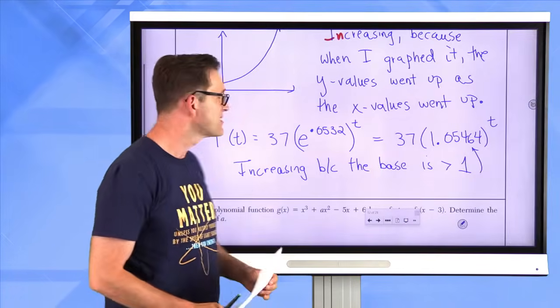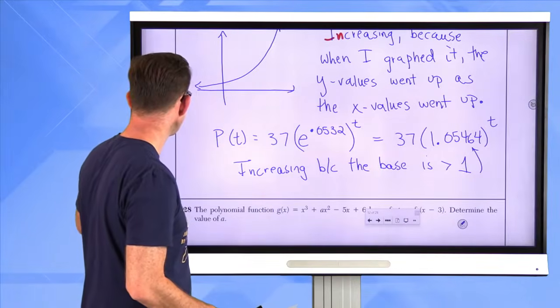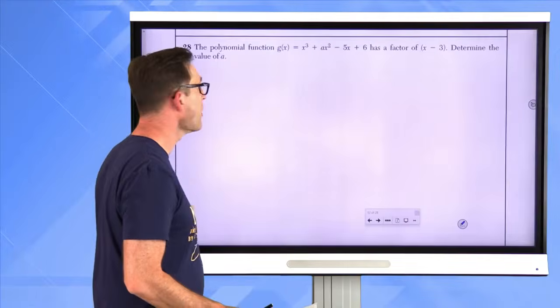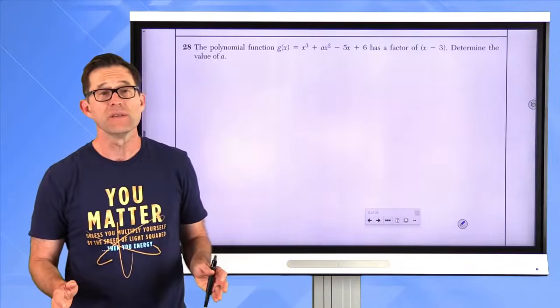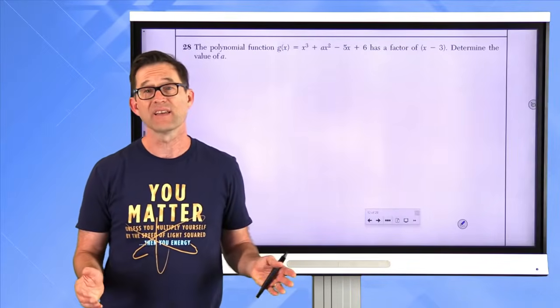All right, let's get away from exponential functions for a moment, and let's talk about the zeros of a polynomial. 28. The polynomial function g of x equals x cubed plus ax squared minus 5x plus 6 has a factor of x minus 3. Determine the value of a. I love this problem. I've also seen this one come up numerous times on the SAT before.